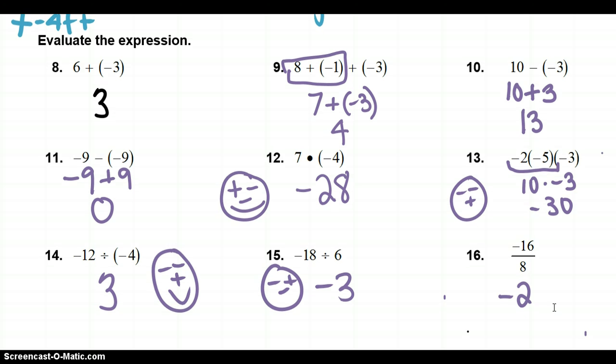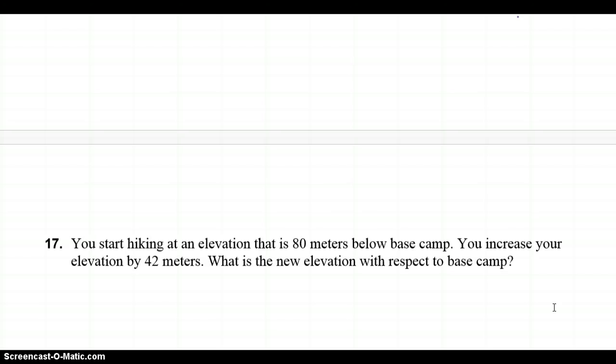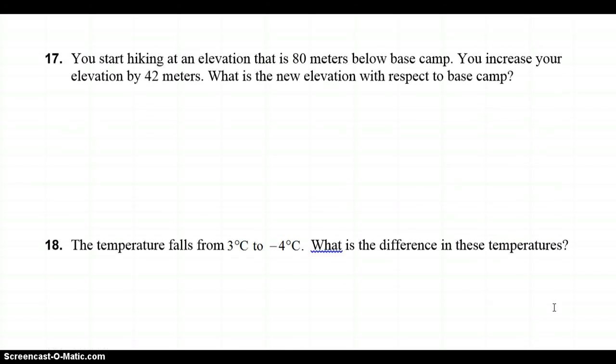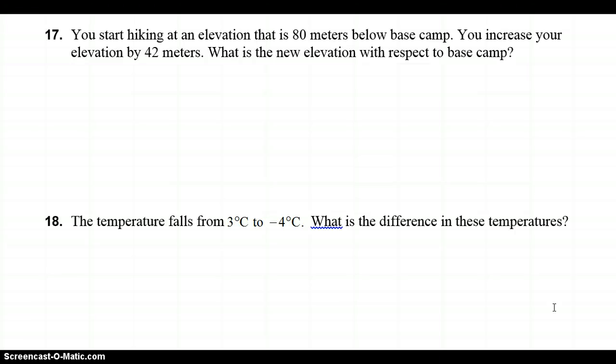Moving on to the next page. Number 17 says you start hiking at an elevation that is 80 meters below base camp. You increase your elevation by 42 meters. What is the new elevation with respect to the base camp? My suggestion on these is to draw a picture. It helps you visualize what you're doing.